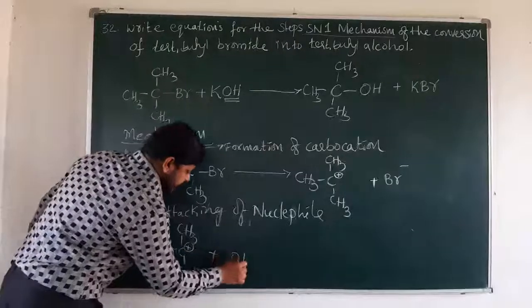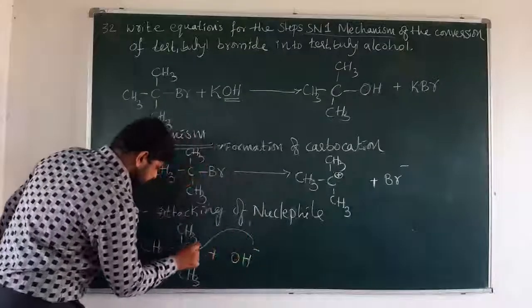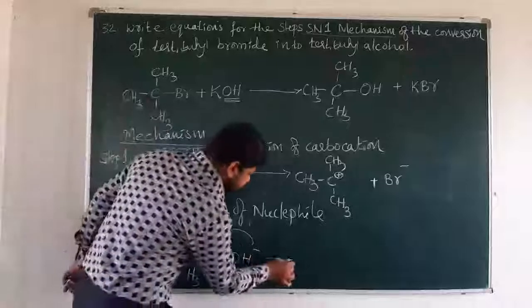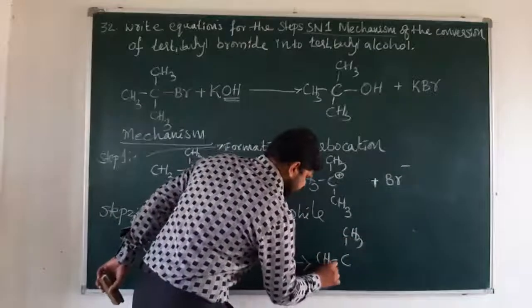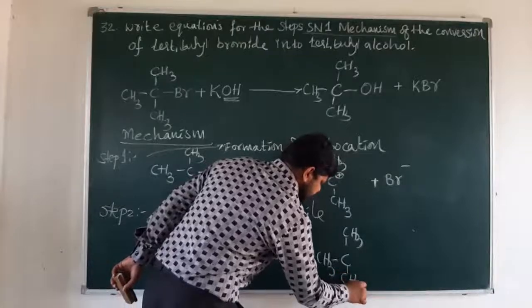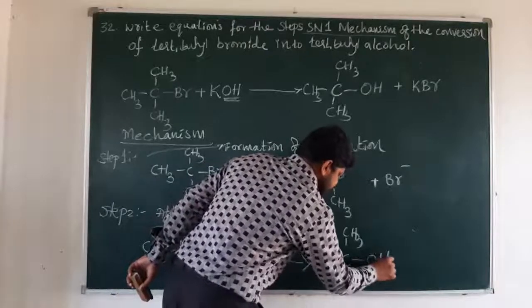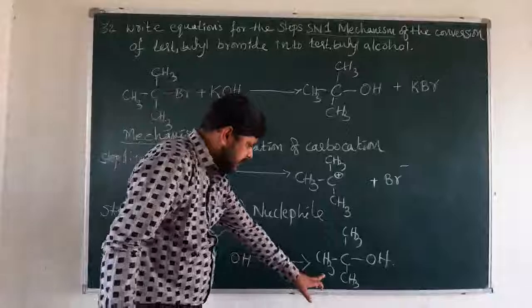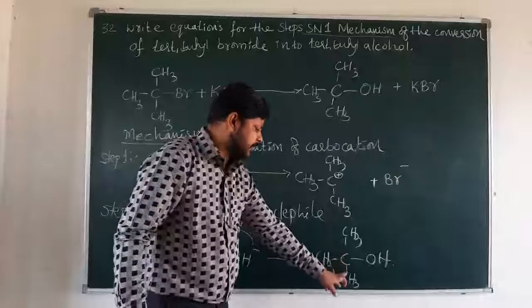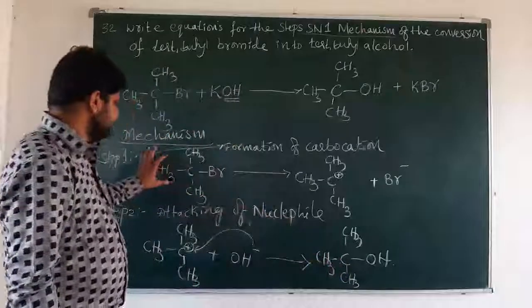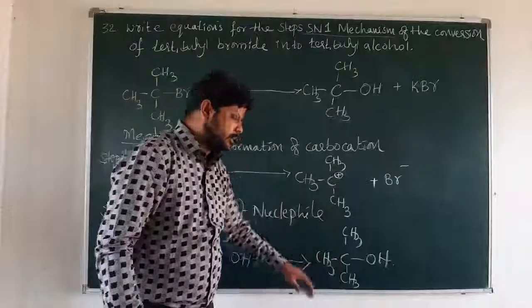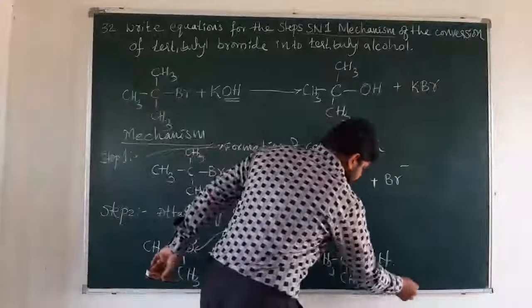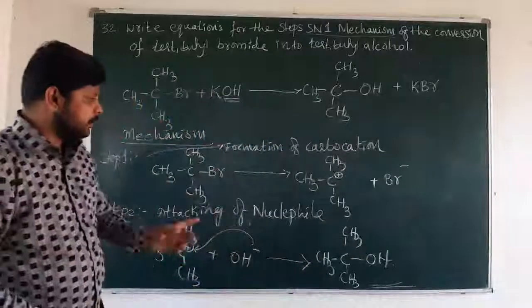OH minus attacks on the carbocation. So it forms C, CH3, CH3 and CH3 here. So the C is bonded with OH. You can write here the name tertiary butyl alcohol.